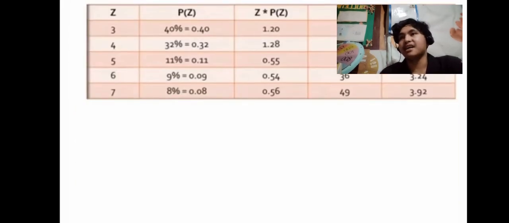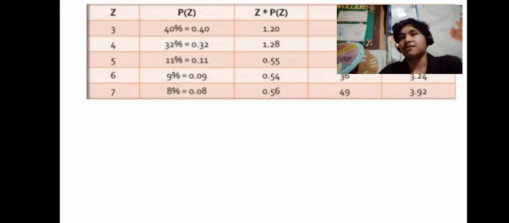Now in our second table, we would have an extended version of the first one, which now has z squared and z squared multiplied by p of z. In order to solve that, just like in the first example, we find z squared by squaring the values of z, and z squared multiplied by p of z by multiplying the values that we got from z squared to the p of z.